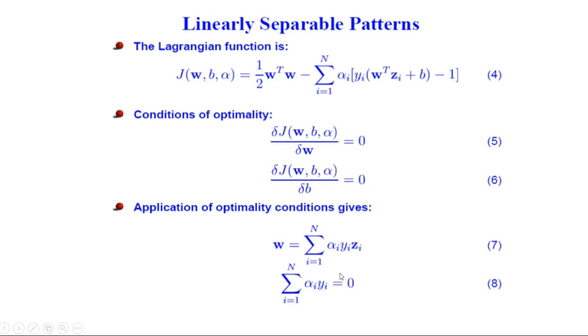What it says is that the sum of the product of the Lagrangian coefficient and its output should always be equal to 0. So that is the logic here. In this way, after applying the partial differentiation and setting it equal to 0, you get the formula for optimal weights in the decision surface.